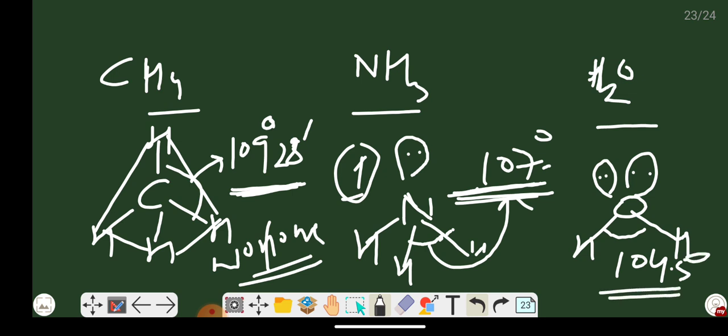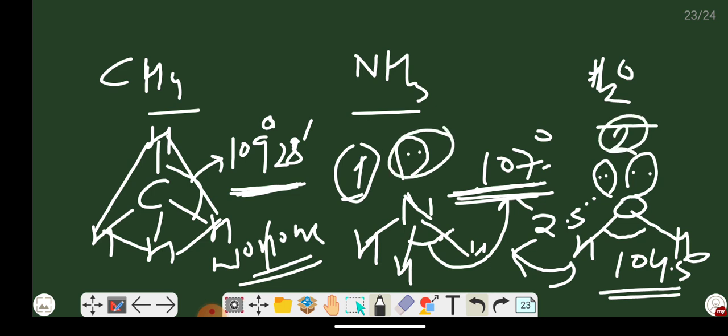So again the bond angle decreases by approximately 2.5 degrees. With one more lone pair, here are two lone pairs, so the angle decreases by again 2.5 degrees, and the angle will be 104.5 degrees. So in this way, with an increase in the lone pair, the bond angle decreases by approximately 2 to 2.5 degrees.